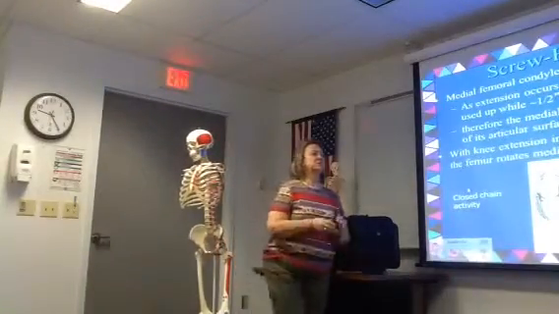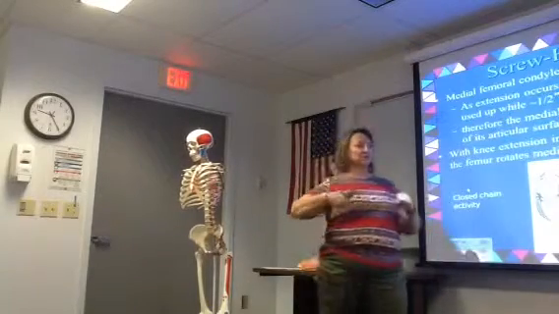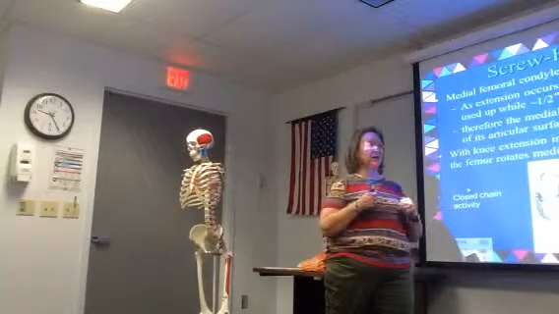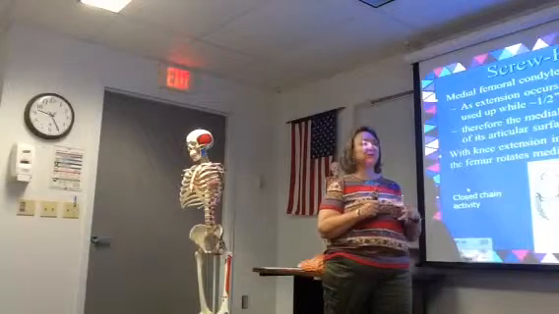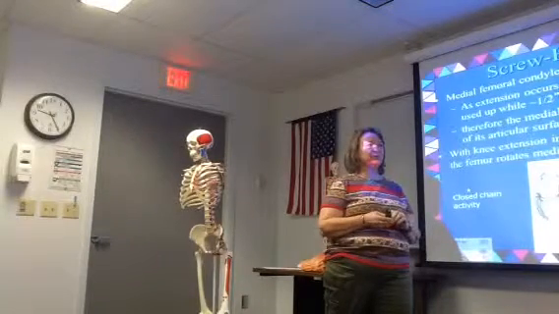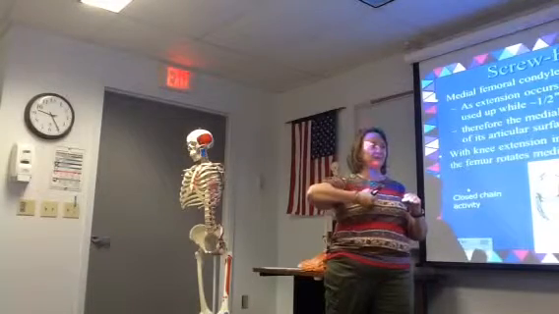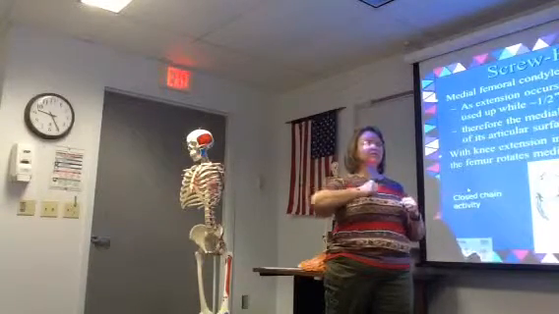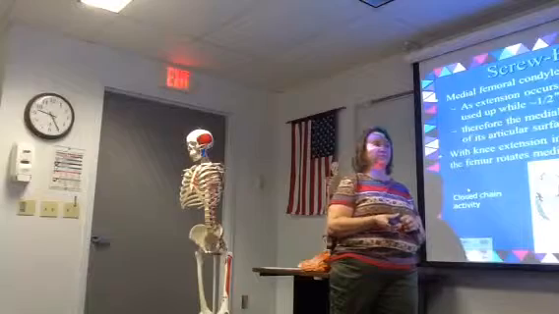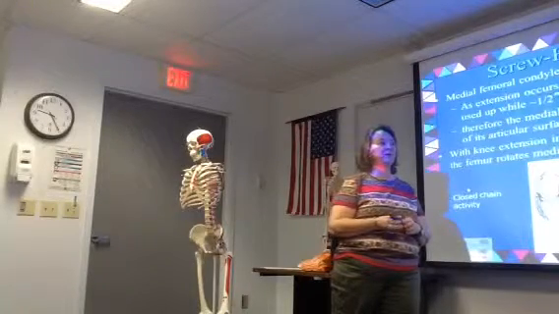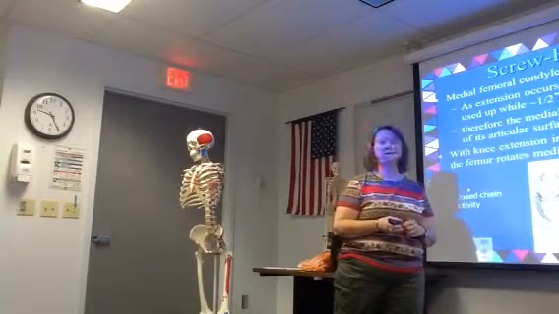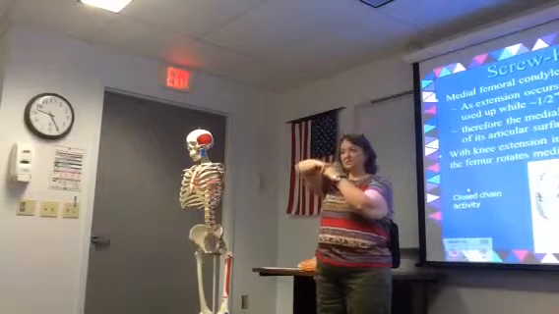Okay? So as extension occurs, that articular surface of the lateral condyle is used up while about half an inch remains medially. So the medial condyle must glide posteriorly to use all of its articular surface. So with knee extension in a non-weight-bearing position, the femur rotates medially on the tibia. Okay, so this is that rotation.